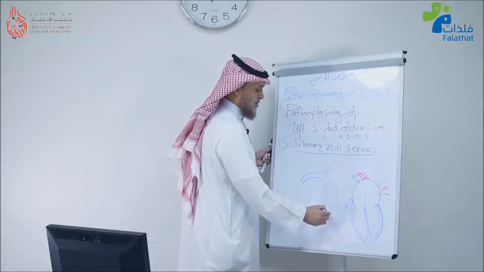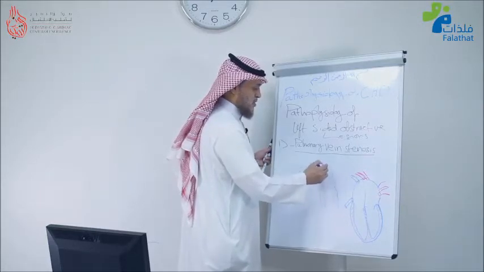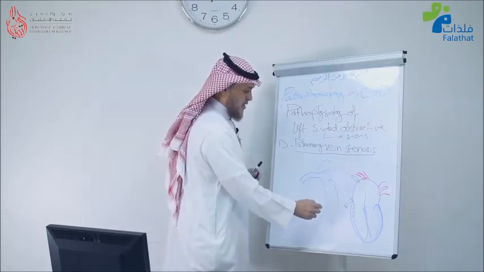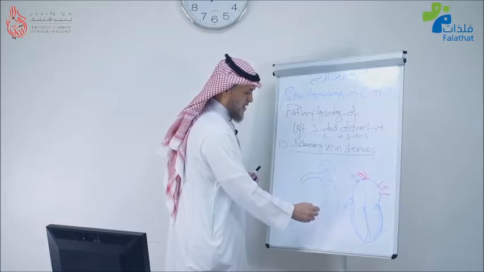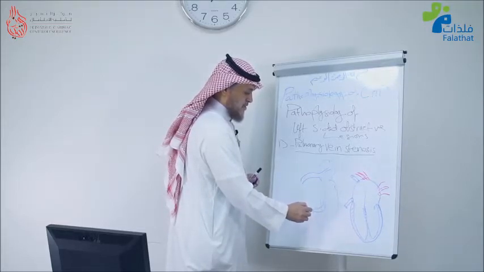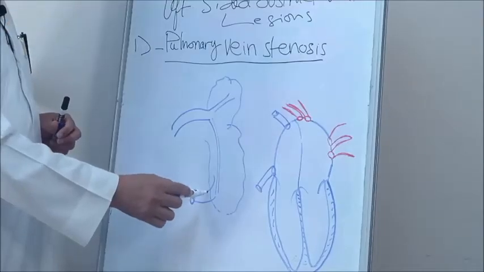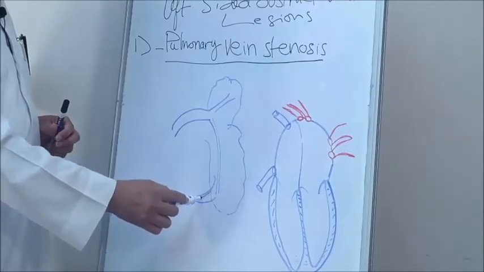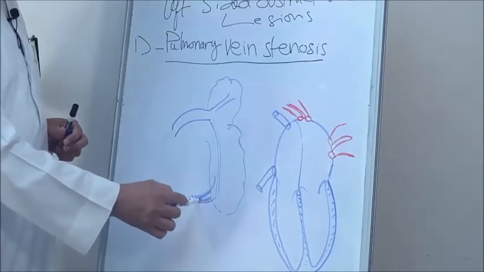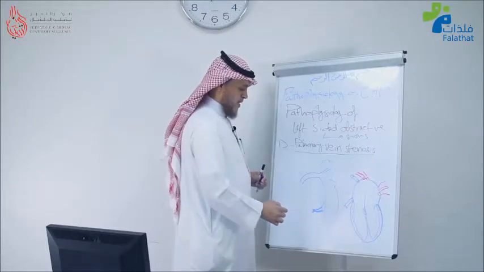This lobe here, which is actually the larger lobe, and this is the upper lobe. This lobe here, its vein, when it's coming back, if it becomes stenotic, and let's say it's just hypoplastic, it's stenotic throughout its course. You see? It's almost obliterated.